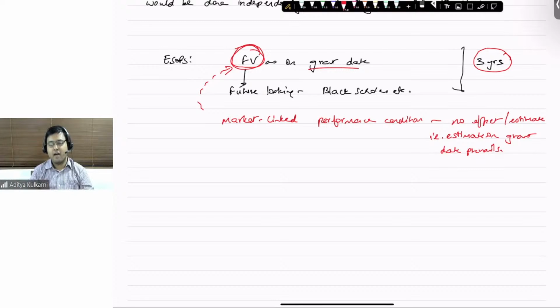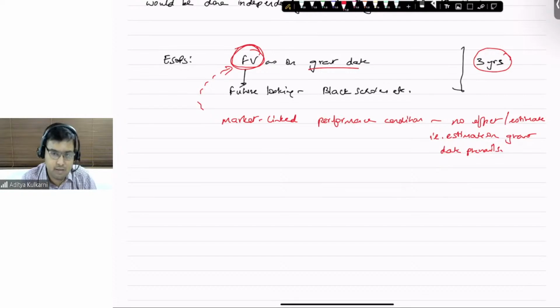When you give an option with a performance condition, you are in effect motivating the employees: take the option, fulfill this condition for the option. So indirectly, you know that your employees will be in a position to meet that condition thereafter. However, suppose they are unable to meet, you estimated they would meet, but they are unable to meet, then whatever you recognized, reverse it.